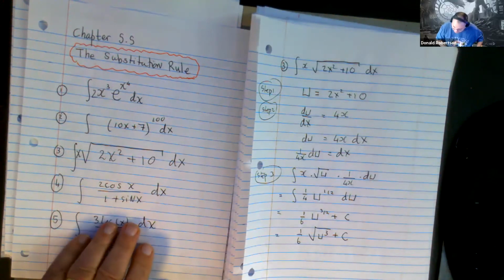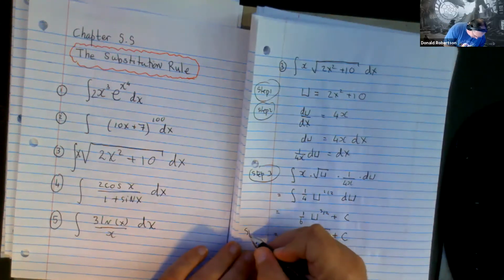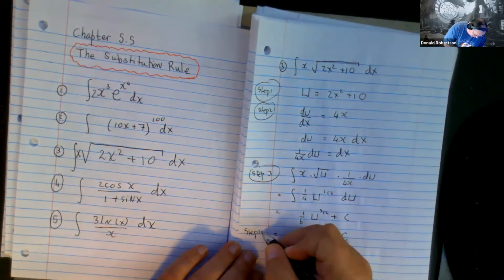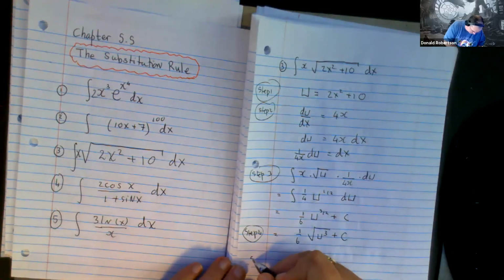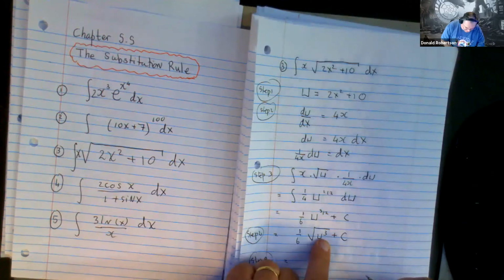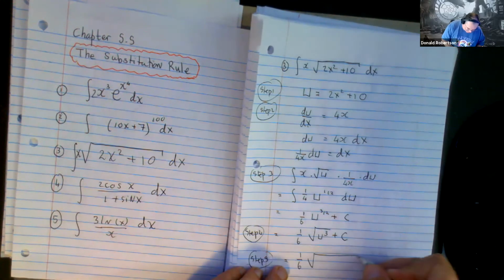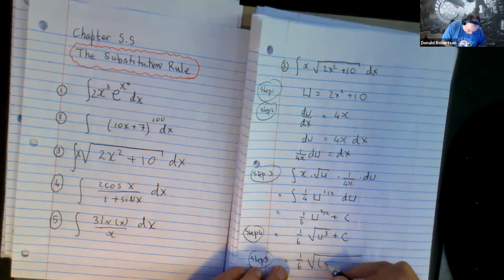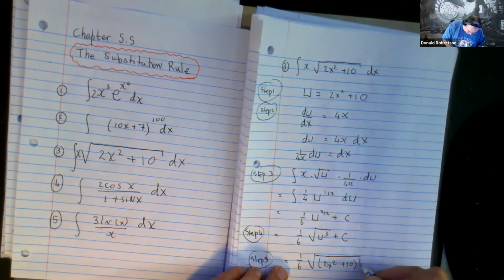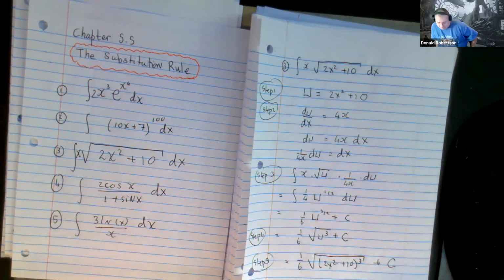So where are we off to now? Well, step 5. Turn that back into x's. So it's 1/6 the square root of 2x squared plus 10 all cubed plus c. There's our 5 steps.